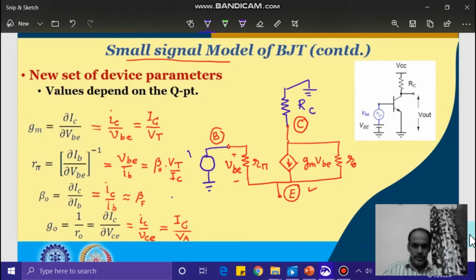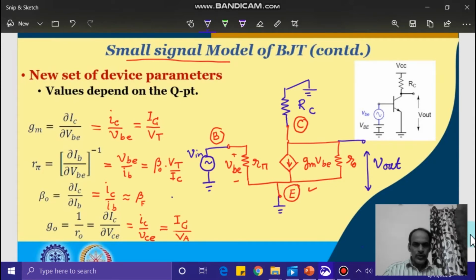This is Vin, the small signal input, and the emitter is connected to ground. Whatever voltage we get here with respect to ground is the output, the small signal output.